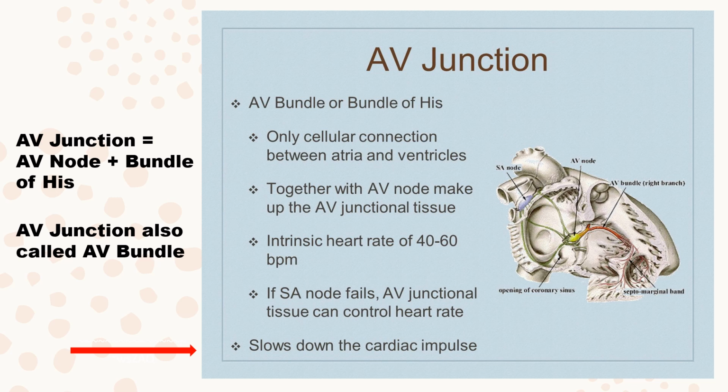So you've got the electrical impulse that travels throughout the atria and depolarizes the atria. Once they're depolarized electrically, you're going to have mechanical function, which is contraction of the atria. In order for that atrial contraction to be effective, it needs to take place, obviously, before the ventricles contract. So the function of the AV junction is to slow down the cardiac impulse.